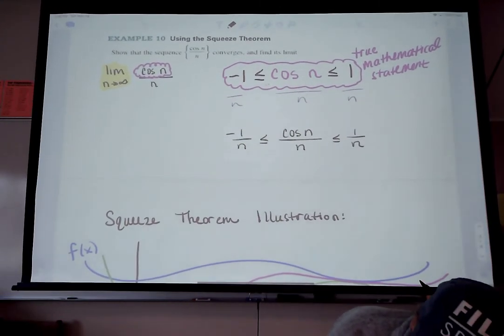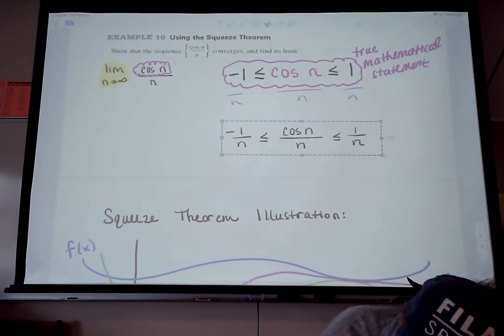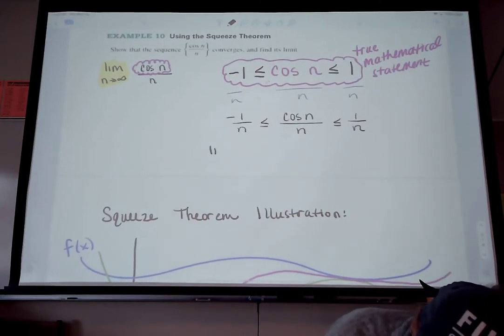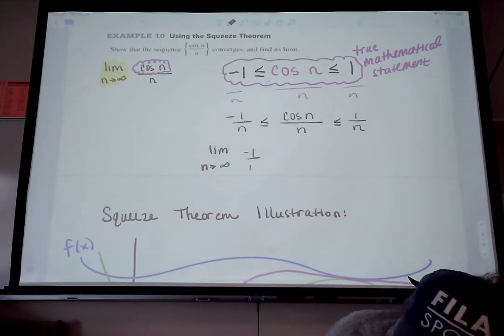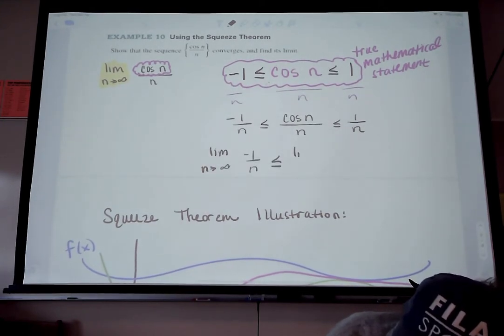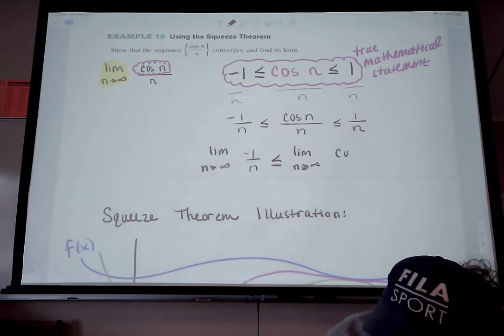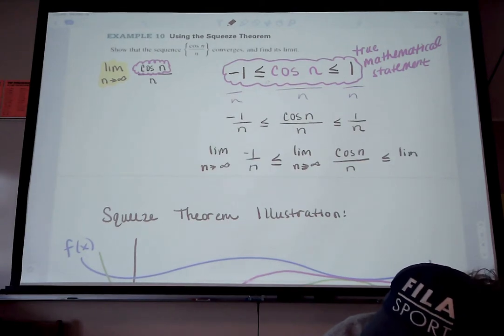I'm going to run out of room. Limit as n approaches infinity. Limit. I know it's a lot of writing. Get over it. Limit.